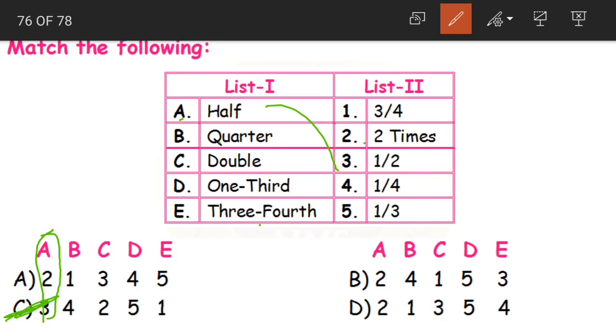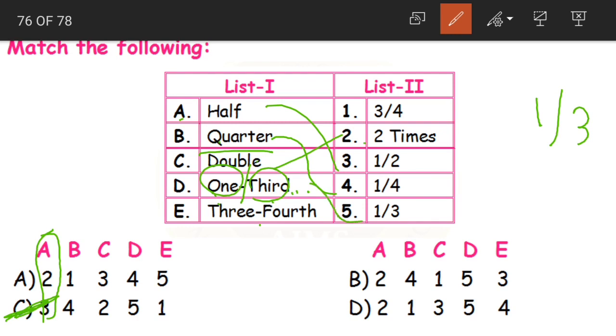Now let us look at the other options here. Quarter means 1/4, children. Okay, remember quarter means 1/4. Now double means how much? 2 times 1/3. When they say 1/3, 1 should be written and then divided by 3. 1 divided by 3 becomes 1/3.